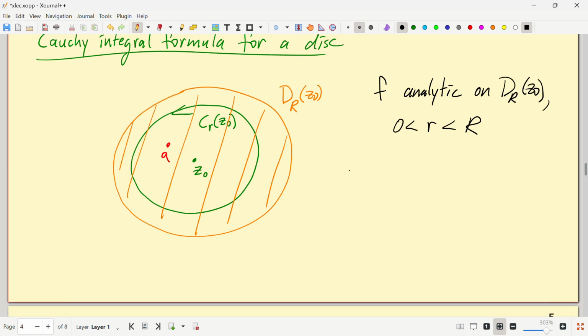So that would be parameterized by z of t equals z naught plus r e to the it, as t goes from 0 to 2 pi. That's counterclockwise.